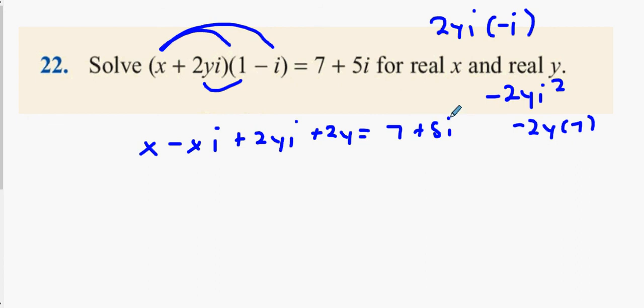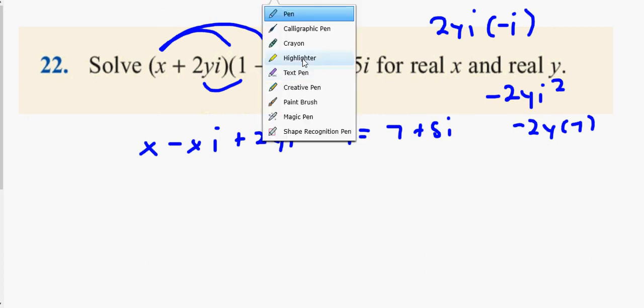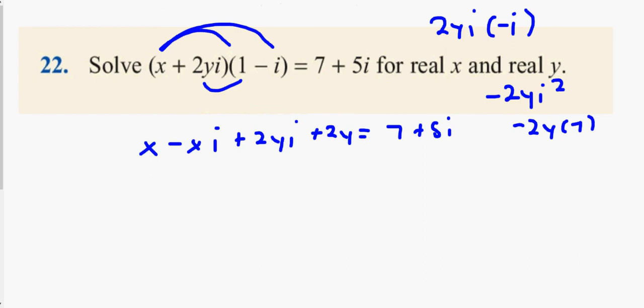Equals 7 plus 5i. Alright. Now, that by that, that one, and that one, and then green.